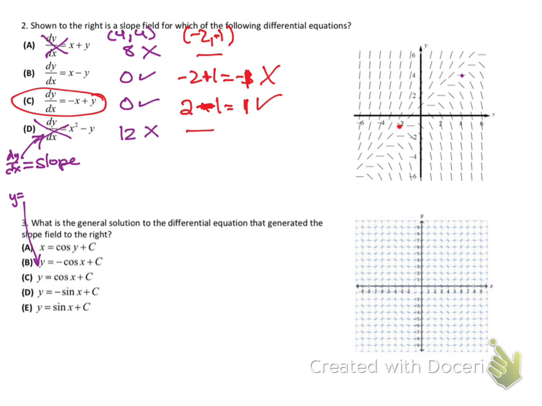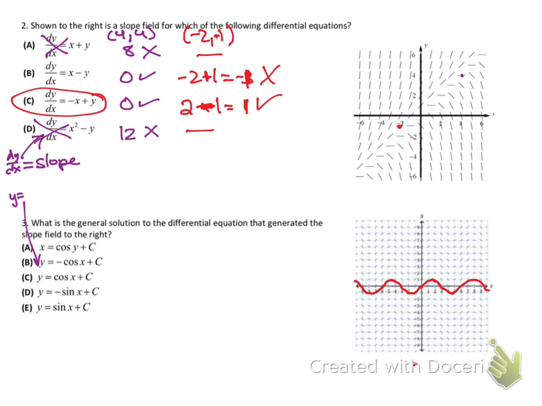So like, for example, if I were to do a point here, if I were to start at 0, 0, my graph would end up going up and then down. And then when it hit here, it would go back down and then back up. So we want to follow the little slope fields that we have there, and then see what that graph looks like.